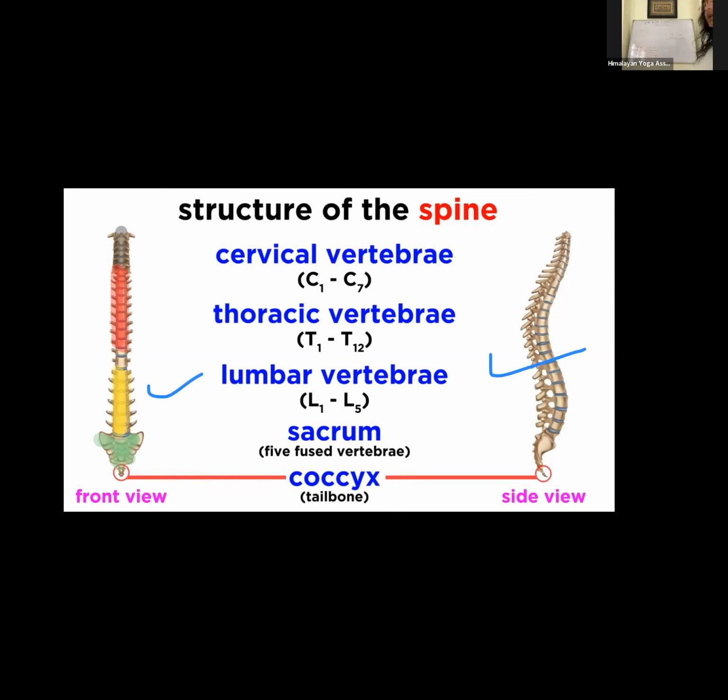It is bent a little, because of which we are able to have more movements in the body. It is not dead straight. Please take the screenshot and then we'll move forward.